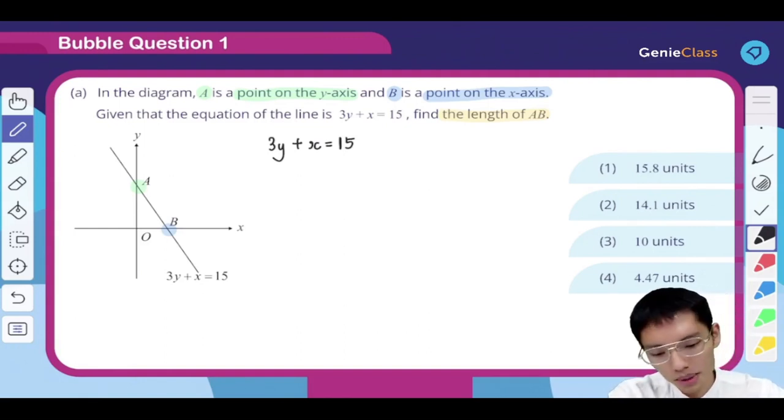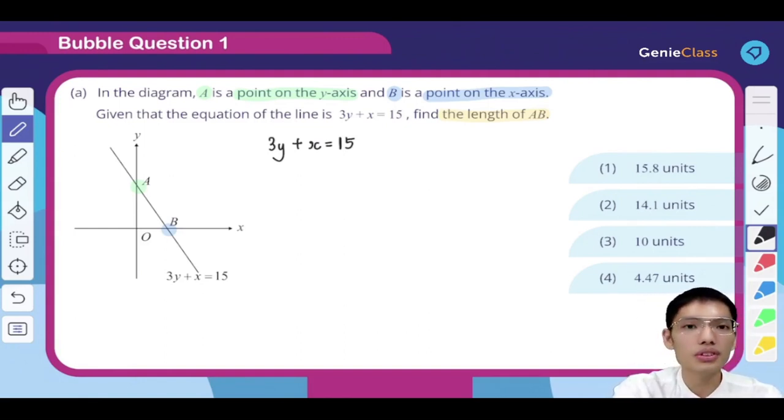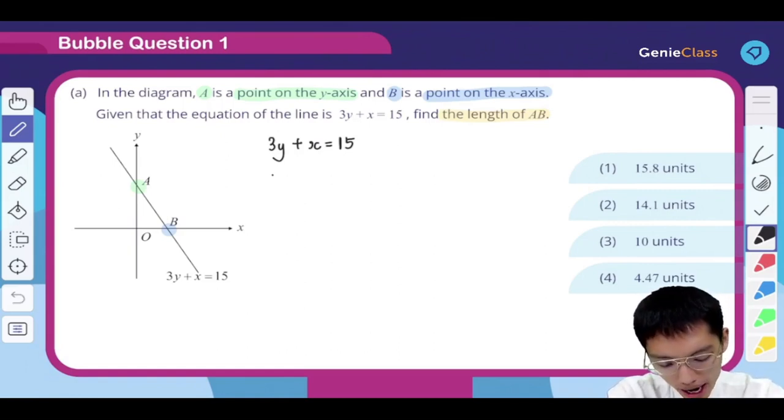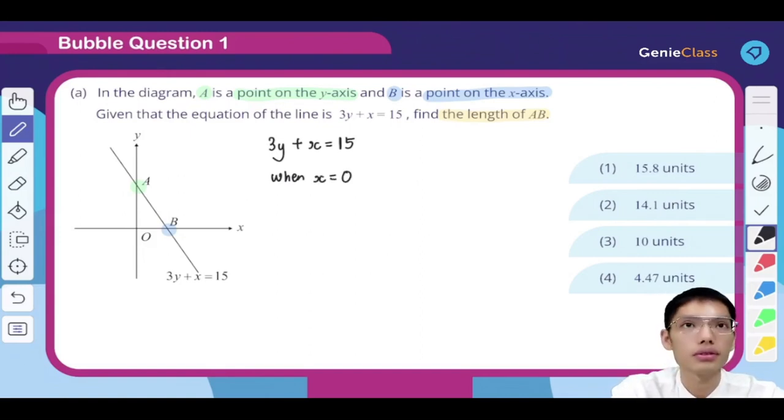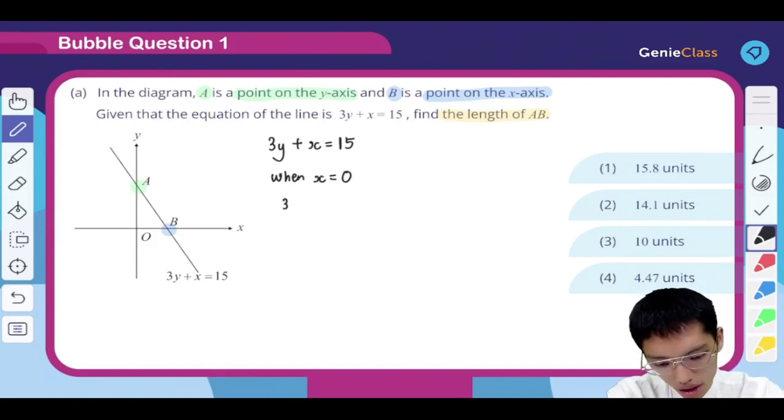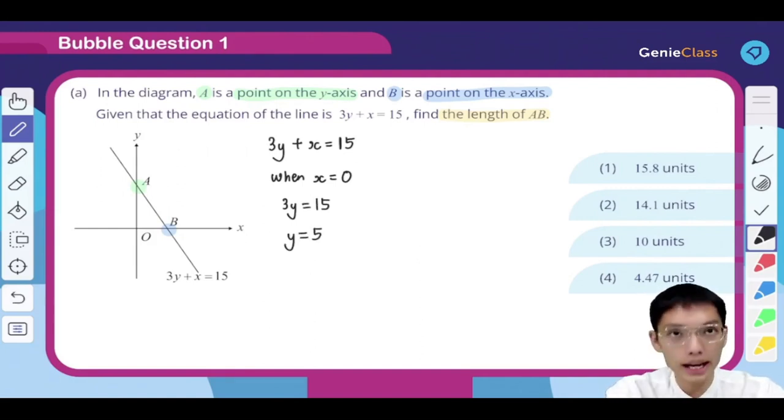So what happens? First up, I want to find A. A is your y-intercept. Y-intercept is when x is equals to 0. So from here, you have your y-intercept, which is y is equals to 5, and henceforth the coordinates of A is 0, 5.